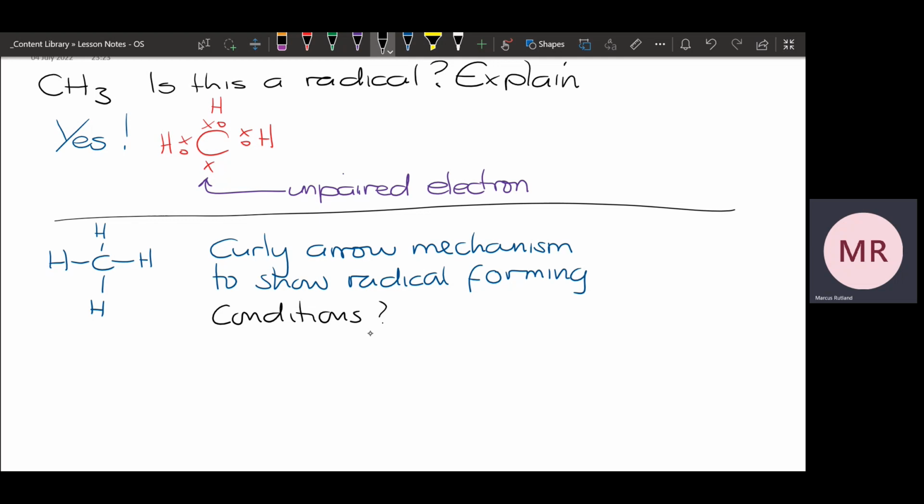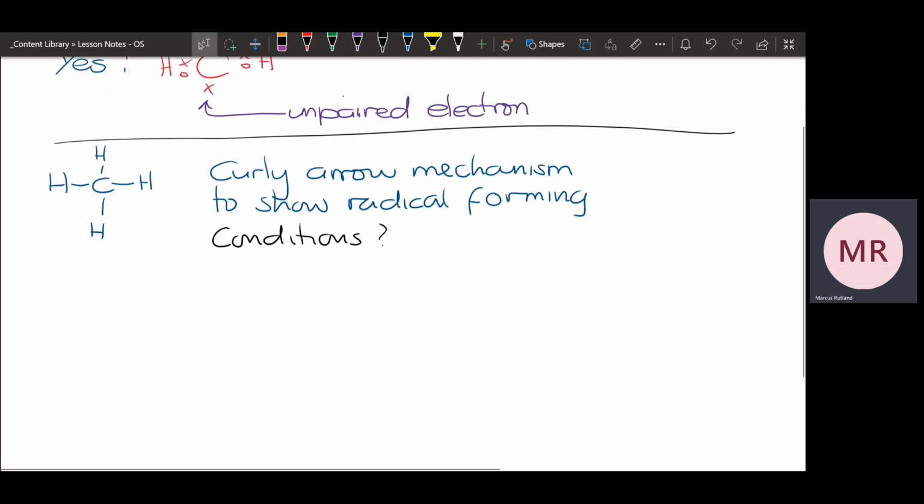Anytime we're talking radicals, this is the use of those half-headed arrows, or just the hook on the one side. It wouldn't matter which bond you chose to break here. We could break any one of these bonds with 1 electron going to the hydrogen and 1 electron going to the carbon.